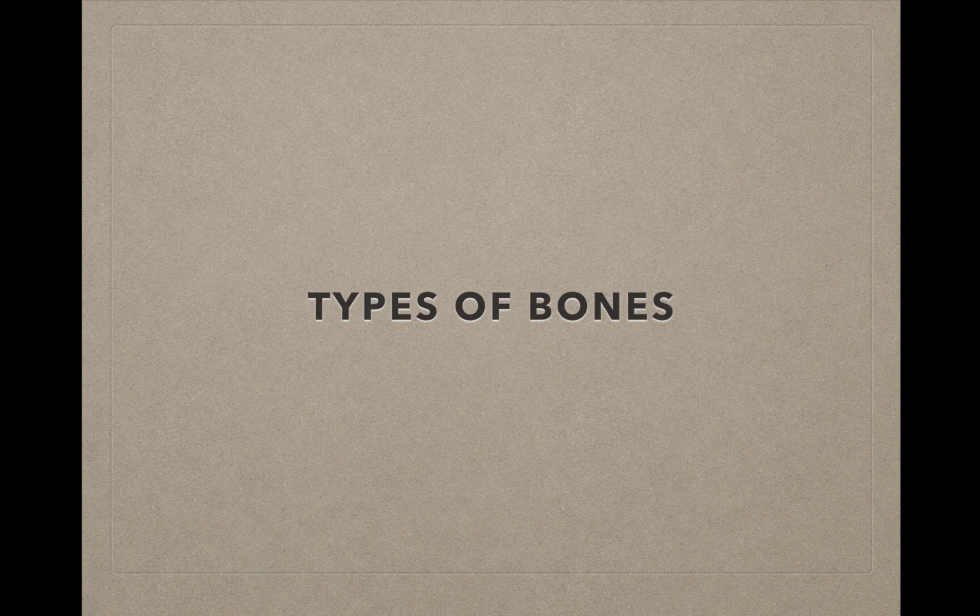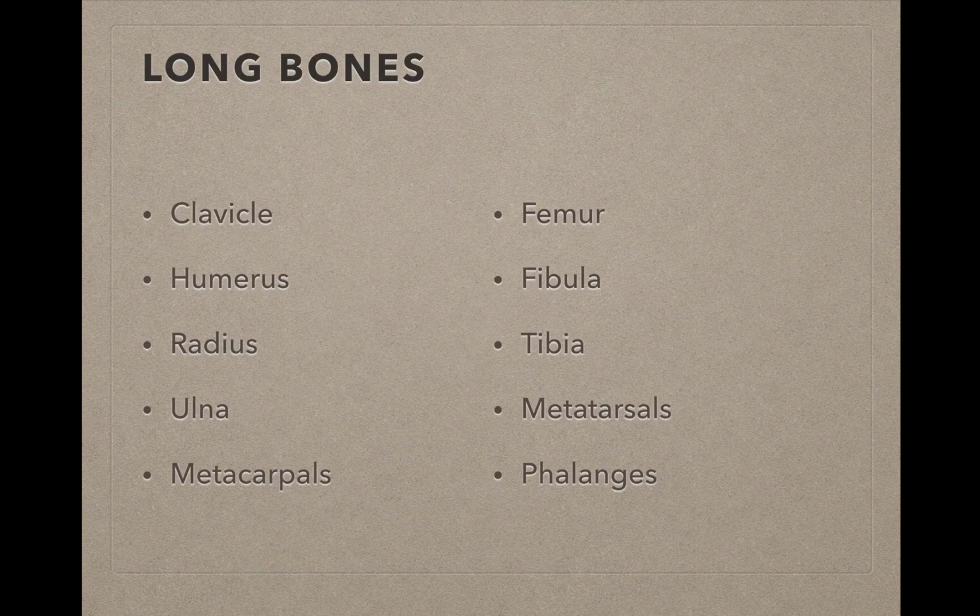Types of bones. Long bones, which would include the clavicle, the humerus, radius, ulna, metacarpals, femur, fibula, tibia, metatarsals, phalanges.